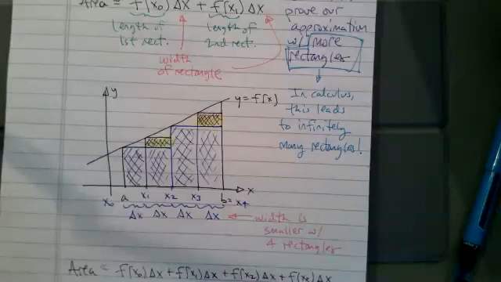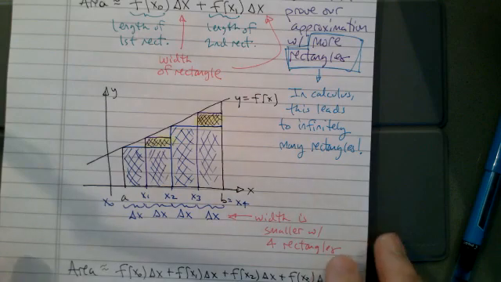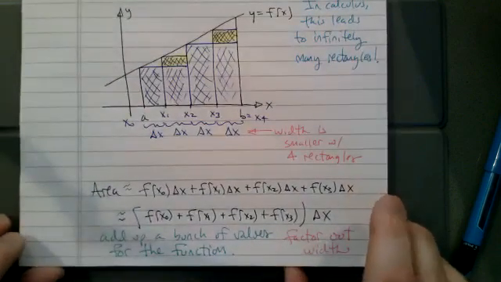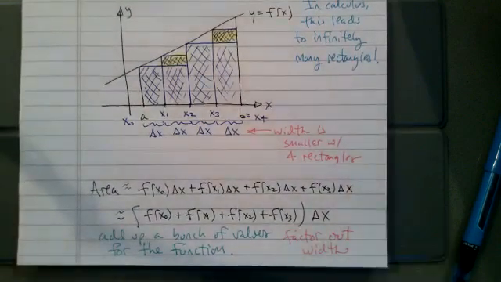Just like when we were looking at the slope of the tangent line by calculating the slope of a secant line and saying, make the points closer. How close? Infinitely close. Use more rectangles. How many more? Infinitely many more. Any questions?